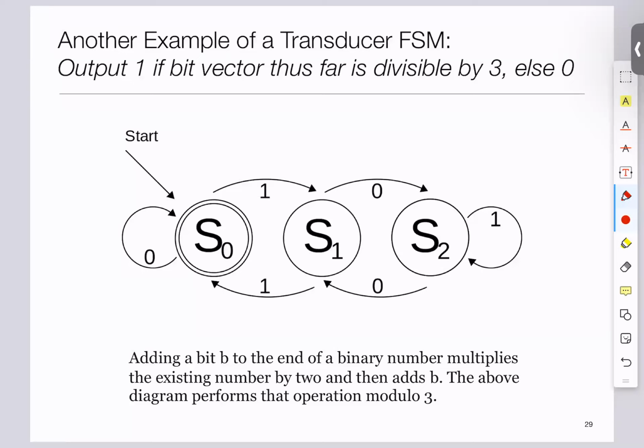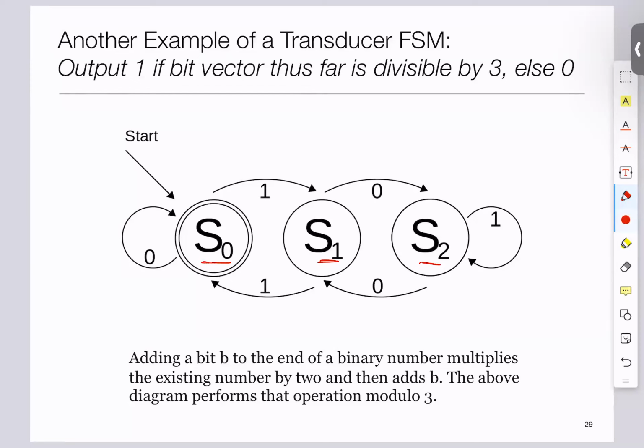So S0, S1, and S2 are the 3 states which correspond to the number thus far, whatever that long string I have received, its modulo 3 is 0, 1, or 2.